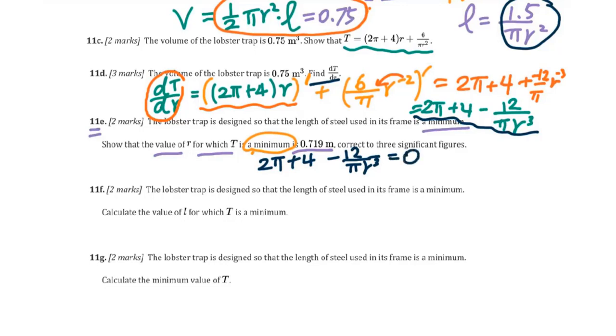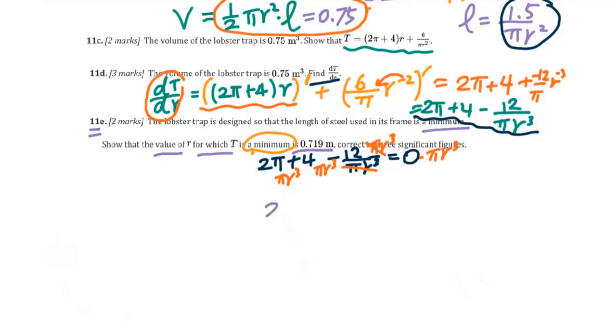First of all, you will get rid of this pi r to the third power. So every term you multiply by pi r to the third power.